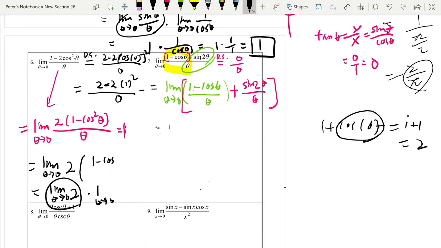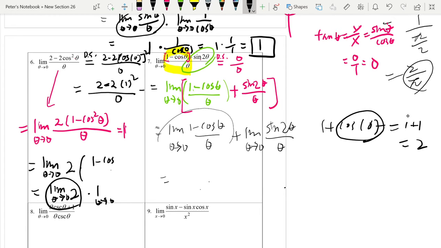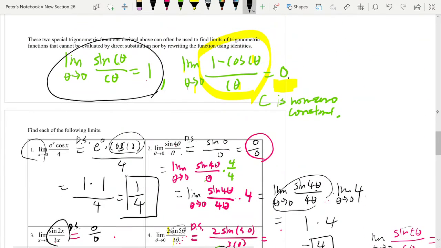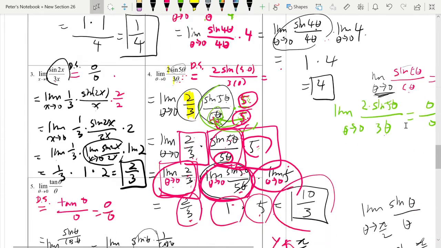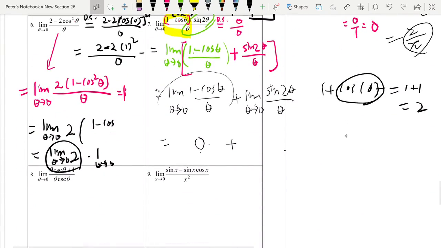I can break this into the limit of 1 minus cosine theta over theta as theta approaches 0, plus the limit of sine 2 theta over theta as theta approaches 0. We already know what this value is going to be. That value is going to be 0, going back to this. And then the limit of sine 2 theta over theta. In order to manipulate this, I need to make this into 2 theta. So I multiply by 2 over here to get the 2 theta.